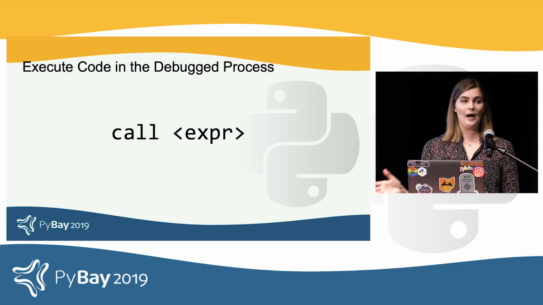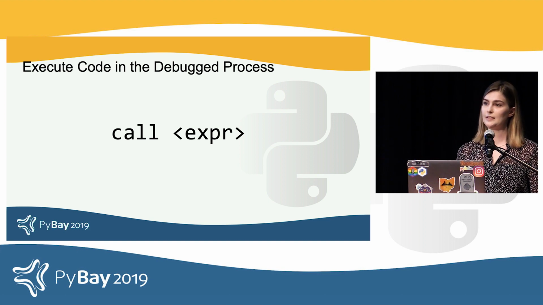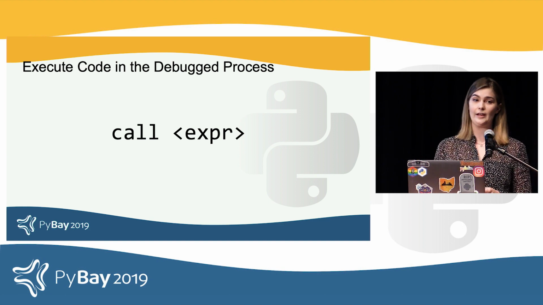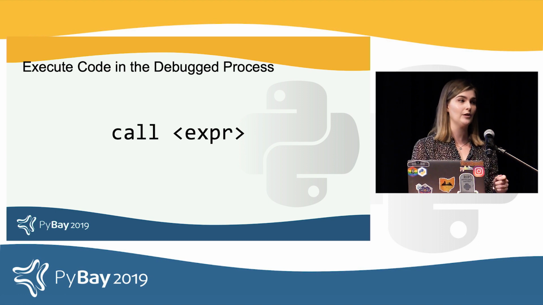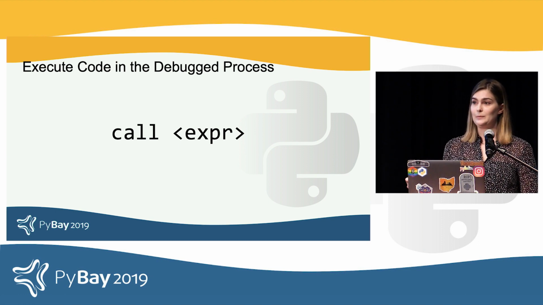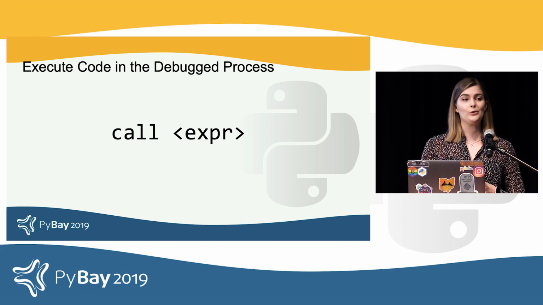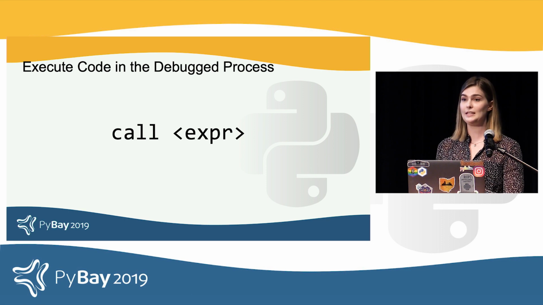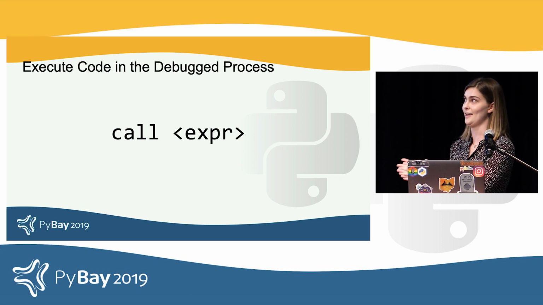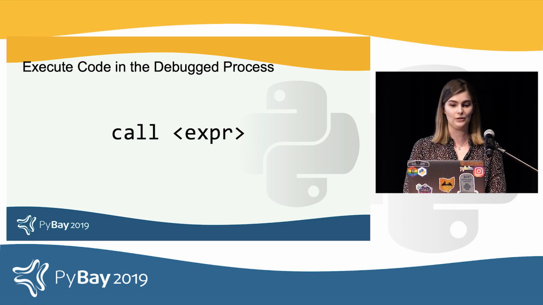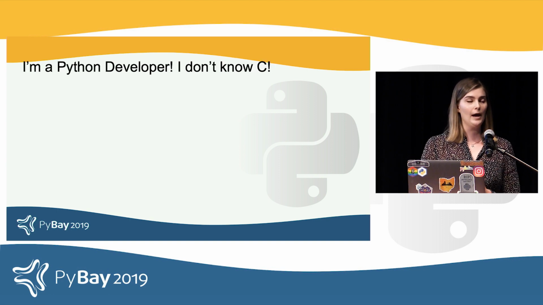This is also why we need to have symbols loaded. This is why you need to use the Python debug symbols, because we need symbols available so that call can look up functions and execute them. In the Python debug symbol case, we get debug symbols for the CPython interpreter. So that means I can do CPython code calls here, which might not be something you're super familiar with, because you're a Python developer.